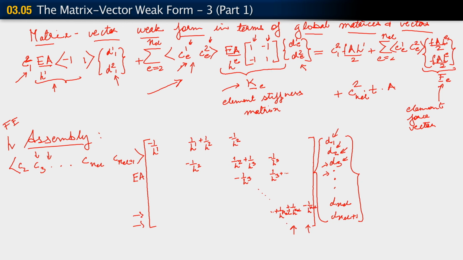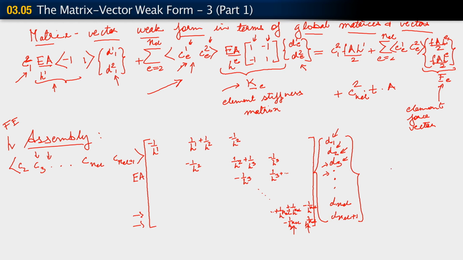Here we get a contribution also from the last element which will be minus 1 over h n EL. And here we get a contribution which is 1 over h n EL. So these are all the contributions that come from the individual element stiffness matrices.